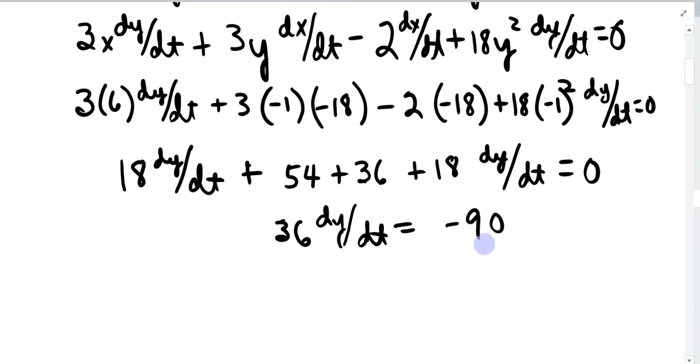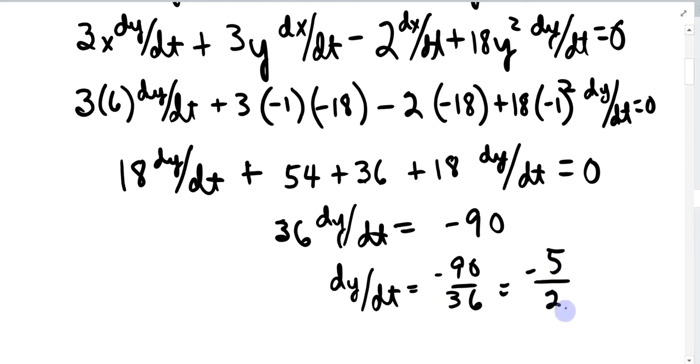Then I'll divide by 36, so dy/dt is equal to negative 90 over 36, which reduces to negative 5 over 2. That would be our answer for that one.